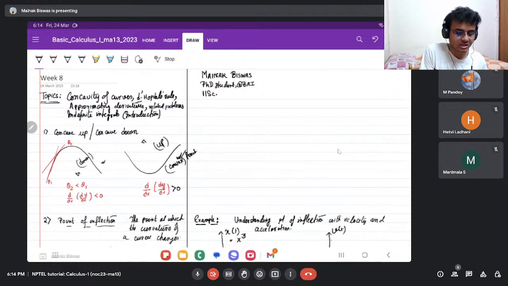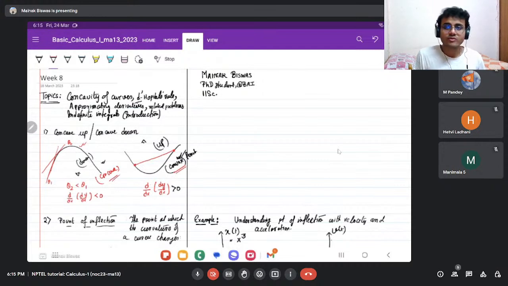For obvious reasons, we would not go into it, because any 2 points if you join, the line is above the curve. That's why it's known as a convex function, and this is known as a concave function or concave down function. If you just want to write concave, this is concave and this is convex, and if you want to mention which side you're looking at, you can look from down or up. So a curve facing downwards is known as a concave down curve, and this is a concave up curve.